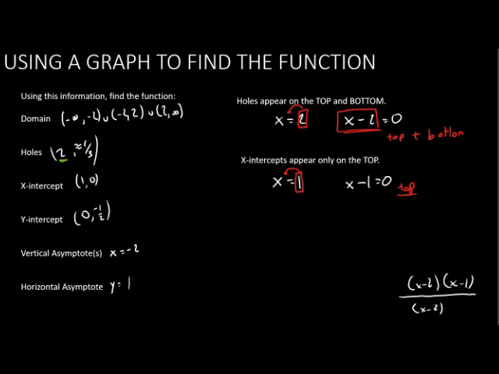We can do the same thing for the vertical asymptotes. However, the vertical asymptote appears only on the bottom. Our vertical asymptote says x equals -2, so once again we take the number on the right, -2, move it to the left, and we'll end up with x plus 2 equals 0. This x plus 2 will go to the bottom.